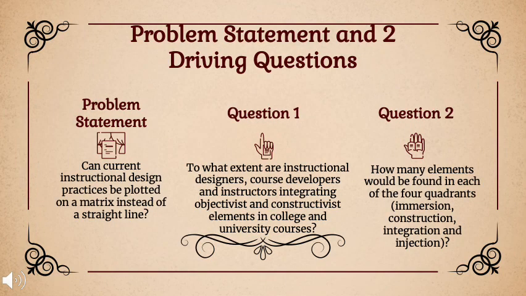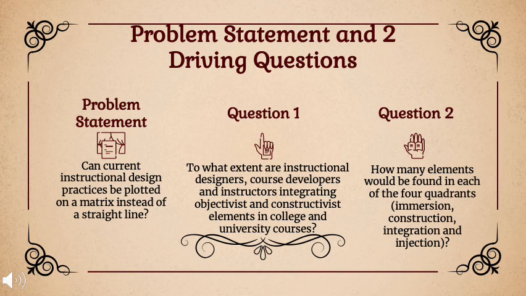So Ellender and Cronje's 2016 study had a problem that was driving the research. The problem statement was to determine the extent to which current instructional design practices could be plotted on a matrix rather than on a straight line. To address the problem, they came up with two related questions.